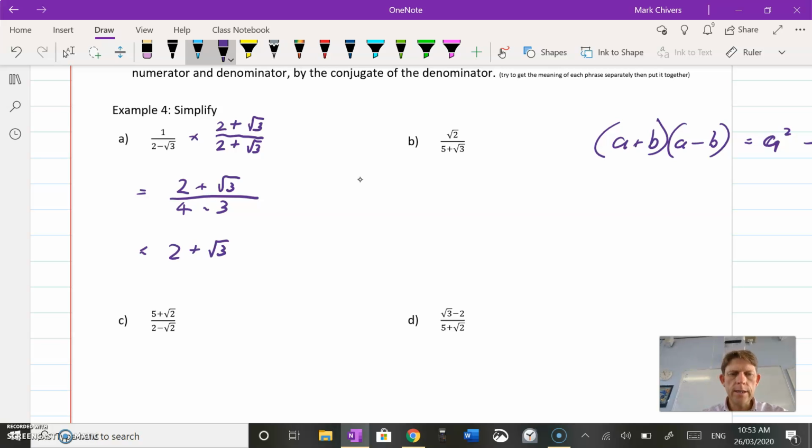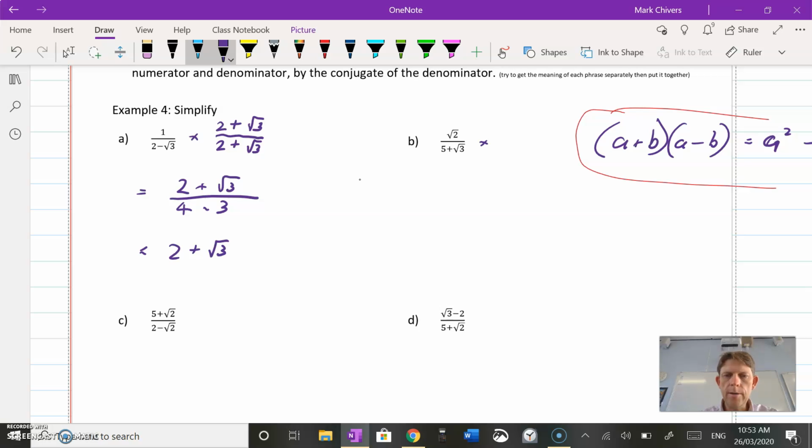So as we have a look at the second example here, I'm going to multiply this. I'll just put a little box around that so it's separate. As I look at this second example here, I'm going to multiply this by the conjugate of 5 plus root 3, which is 5 minus root 3. But obviously, both the top and the bottom get multiplied by 5 minus root 3. So up the top, I'm going to end up with 5 root 2 as I multiply this number by both terms on the other side.